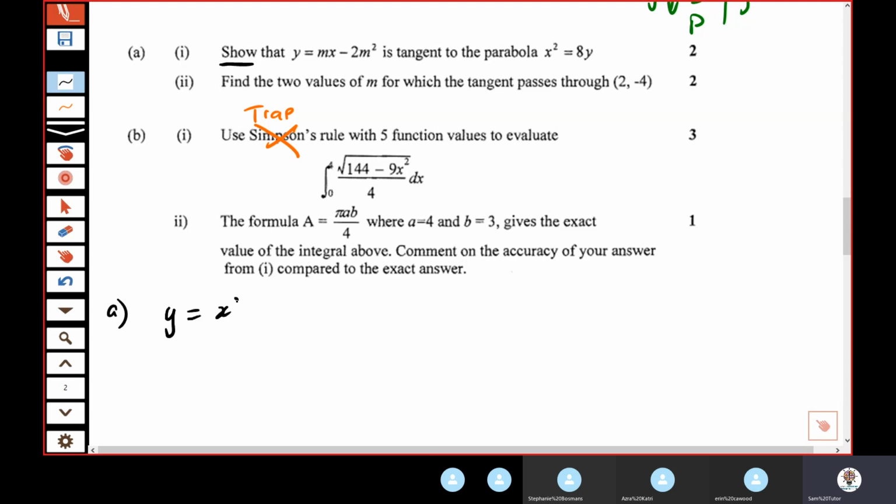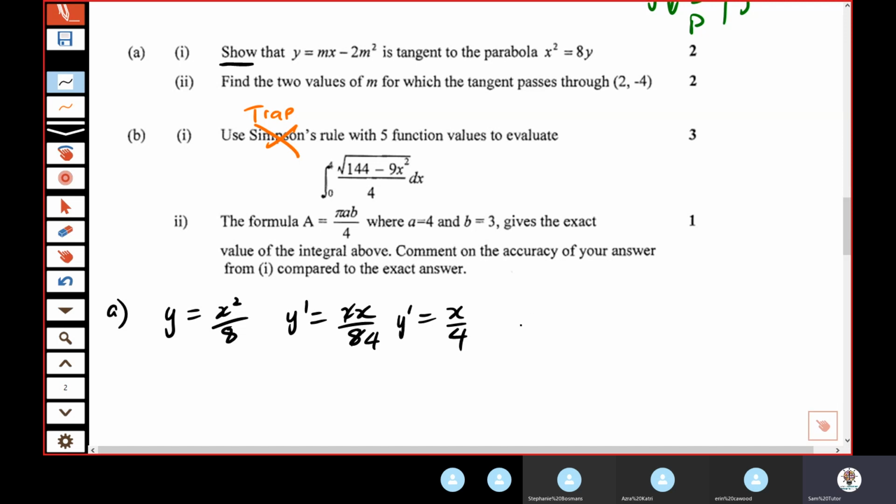So y equals x squared on 8. y dash equals 2x on 8, which is x on 4. For that to be the same, so that's y dash.